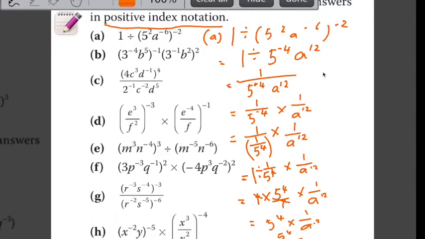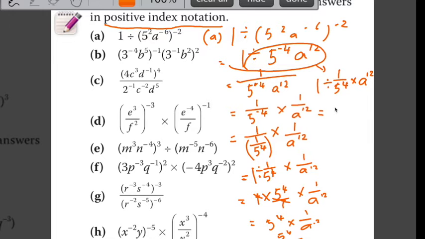Or at this second step, another way would be you can just do this: 1 divided by, right? So I change them all to positive index notation first.